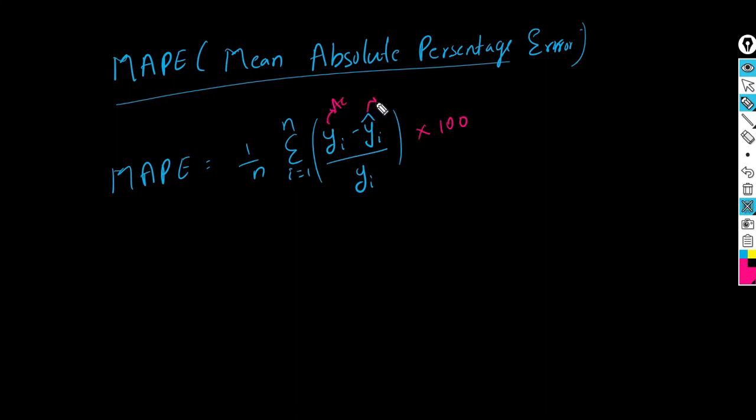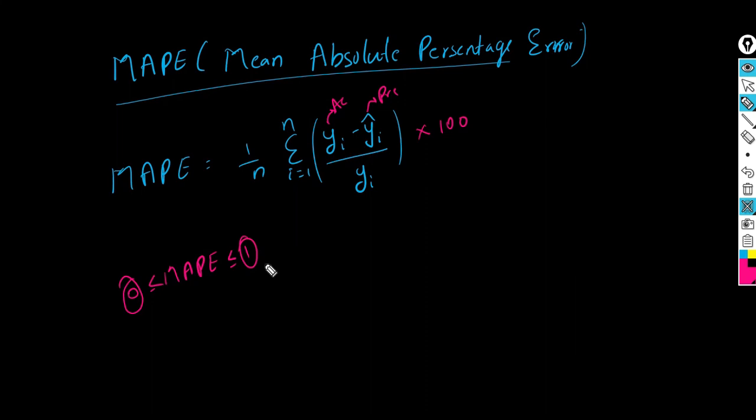In this way we will get the MAPE between 0 and 1. If the value is close to 0, the model is a very good model. If it is close to 1, the model is the worst model.